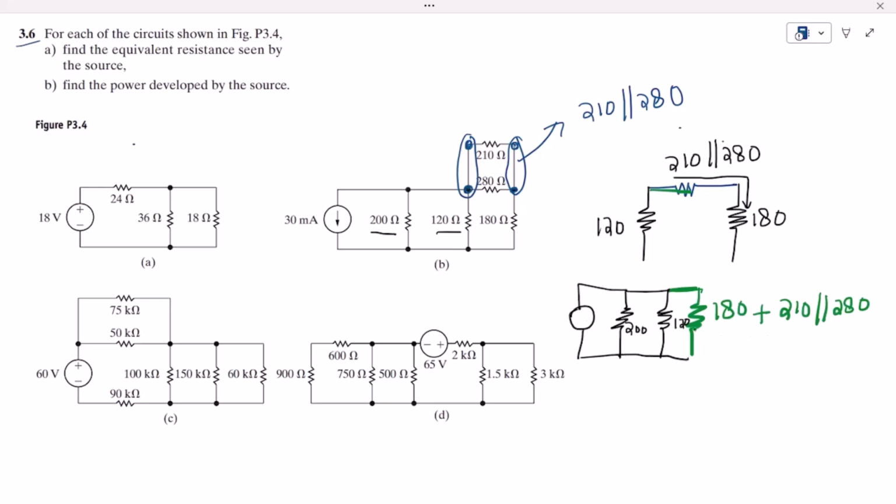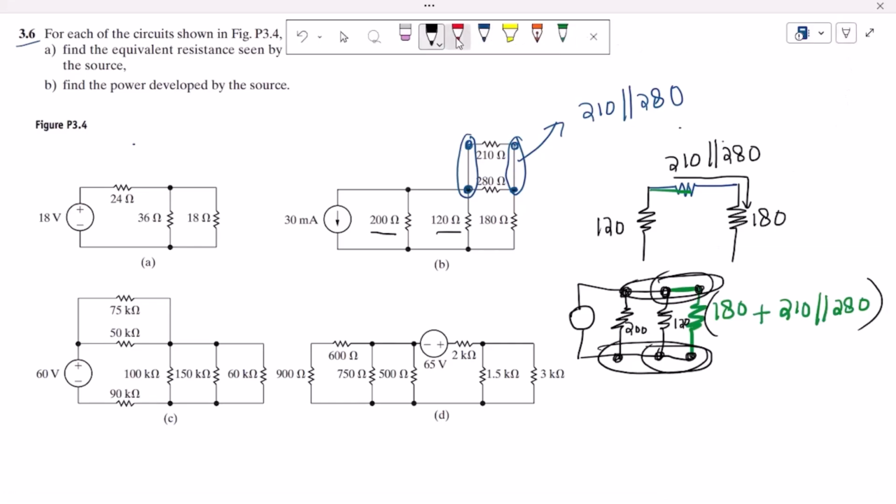This has been solved. We can see that the two ends of these resistors are in parallel with each other, because they are connected directly. So 120 and this one are in parallel with each other, and similarly this one is also in parallel with it, because all three are connected directly. In order to find the equivalent of these three, let me use the red color.